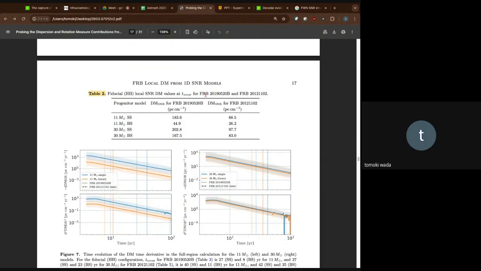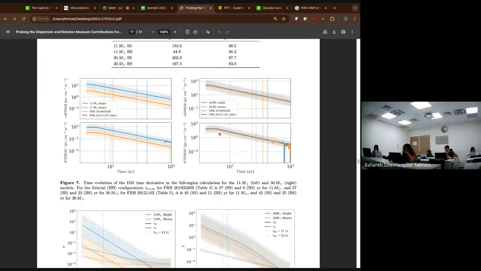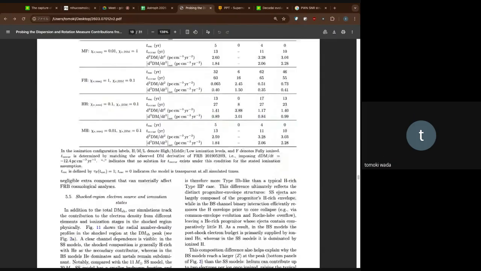There was some observation of the time evolution of dispersion measure and rotation measure. In order to explain these observations, they tune models for these FRBs.